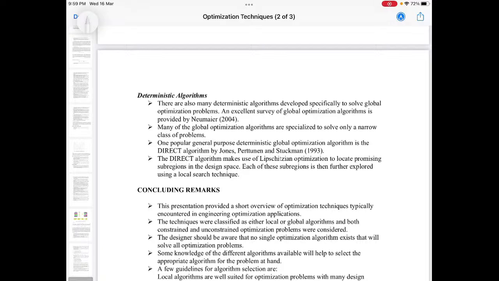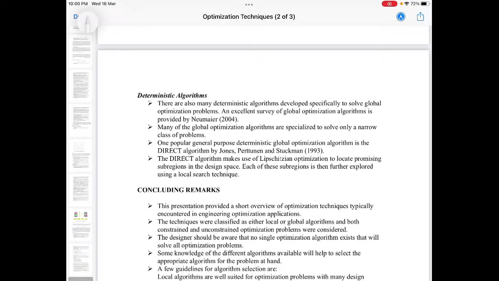Promising subregions means particular locations in the xy two-dimensional space, and these subregions are then further explored using local search techniques. So instead of searching the entire two-dimensional space, particular regions or locations can be searched by using a local search technique.